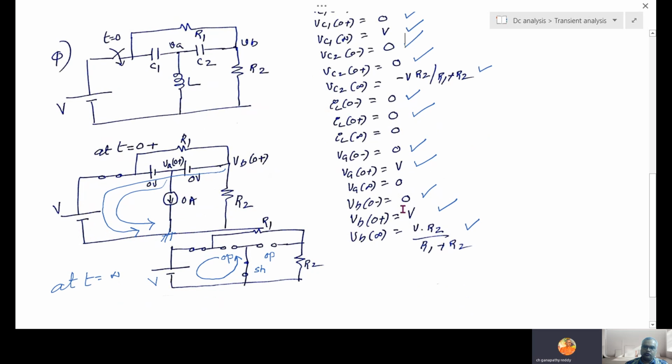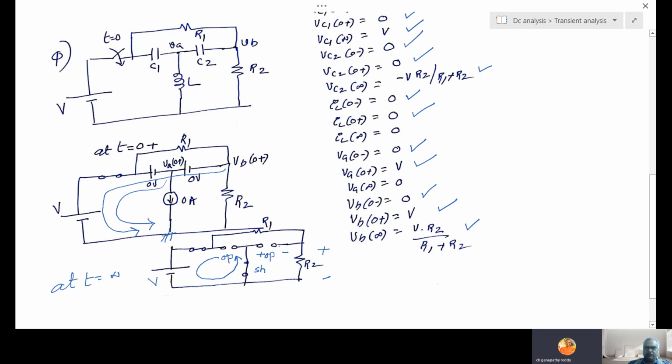Next VC2 infinite. This one is confusing. Plus minus. If you start here, go to negative. You can go this way or this way, no problem. But the point here is, you should know the voltage here also. What is the voltage here?